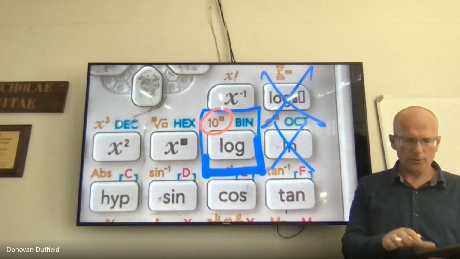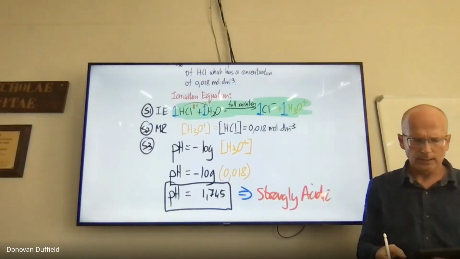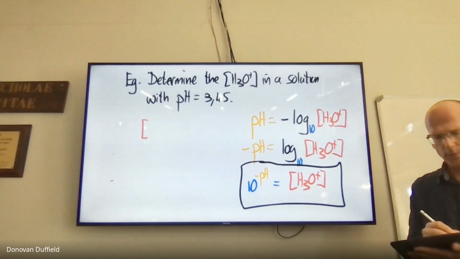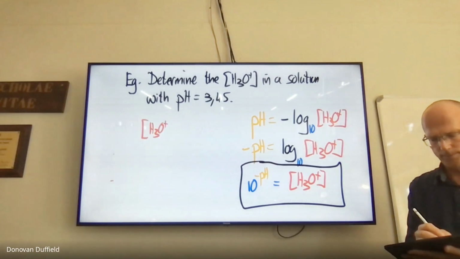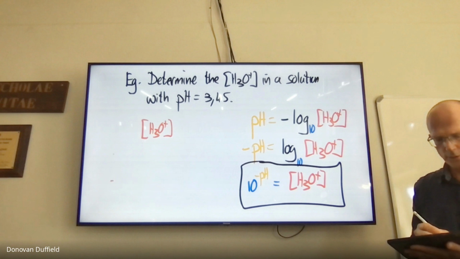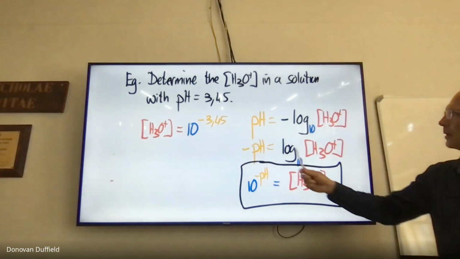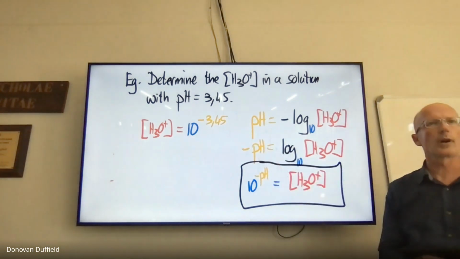So if I now work this out, the hydronium ion concentration is equal to 10 to the negative 3,45, because my pH is 3,45.